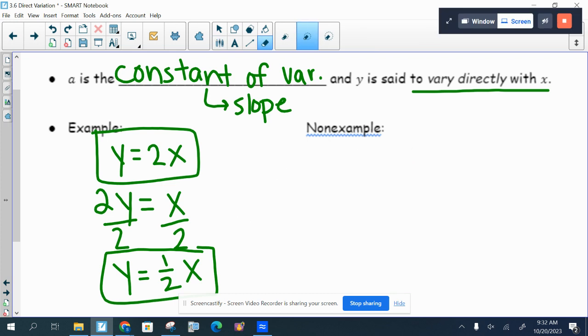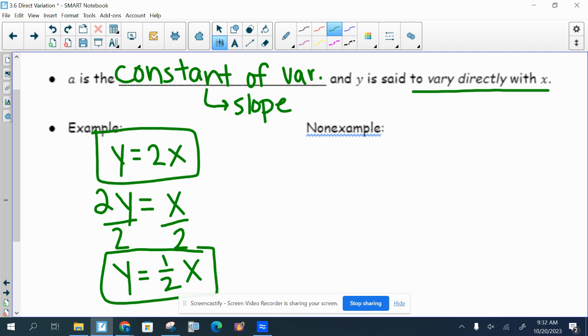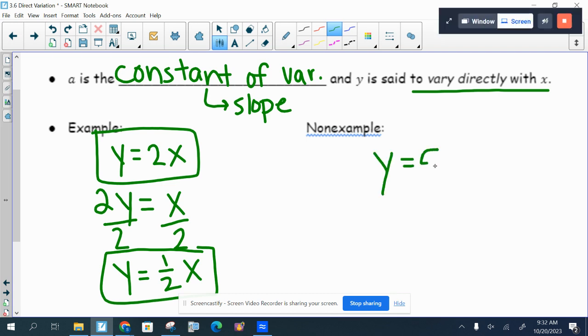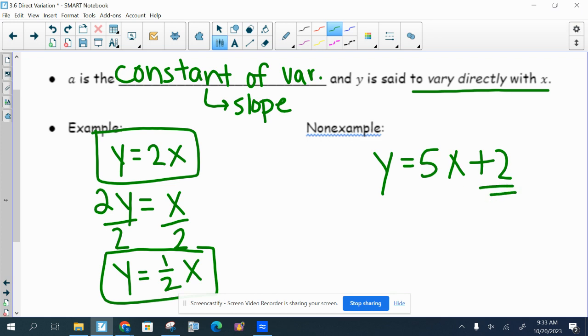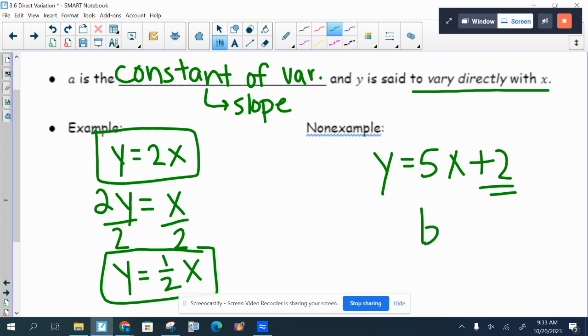Remember what the key is here, Cole. y = 5x + 2. Yes. The idea is you can't add or subtract something. It has to just be y equals a number times x. The y-intercept has to be 0. So anything where the y-intercept is not 0 is not direct variation.